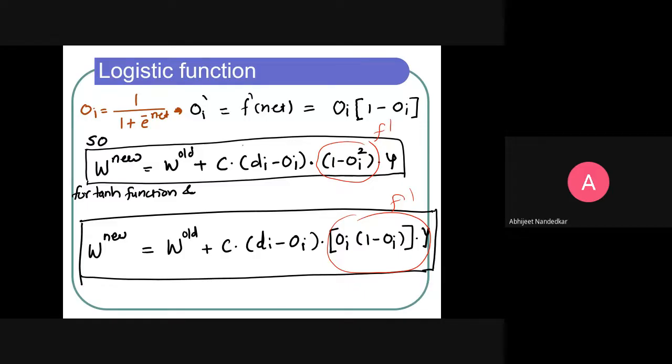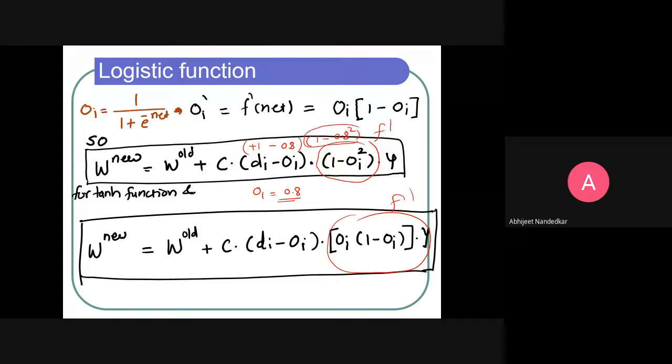So you compute your output. Suppose the output of some neuron is, let us say, 0.8, then how will you implement this? This 0.8 will come here. Suppose the desired response is +1, so +1 minus 0.8, into 1 minus 0.8 square, which is its derivative.